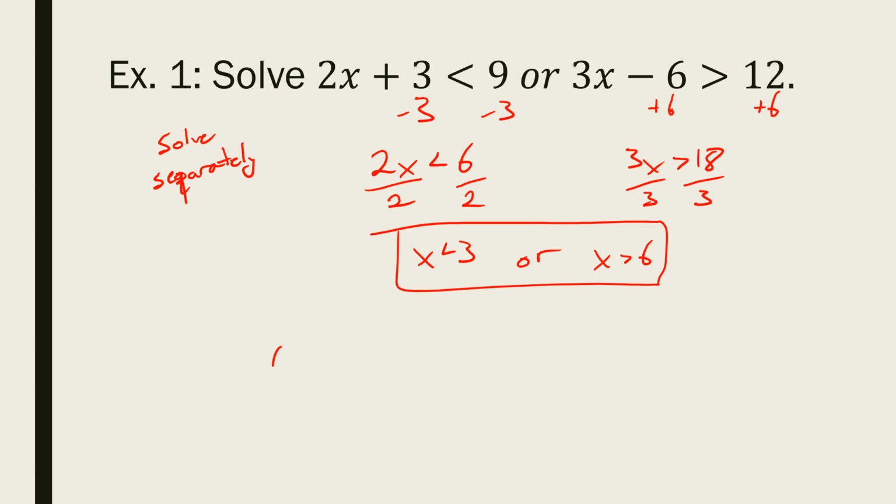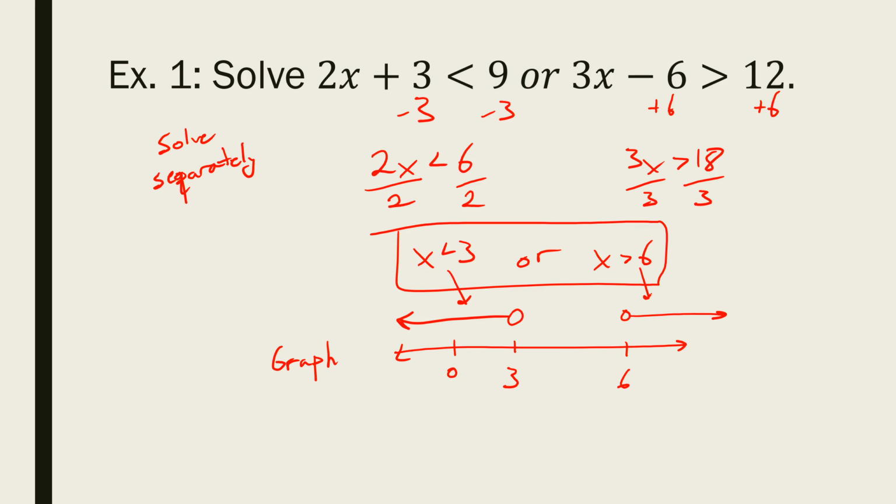And I'm going to graph these on just one graph. We'll see which values are legal. So put your 0. Here we have two critical values, 3 and 6. So what they're saying is that x could be less than 3. That's represented by this arrow. Or x could be bigger than 6, and that would be represented by this arrow.